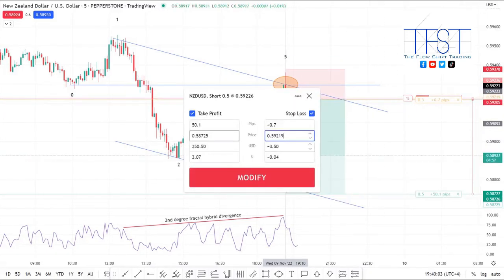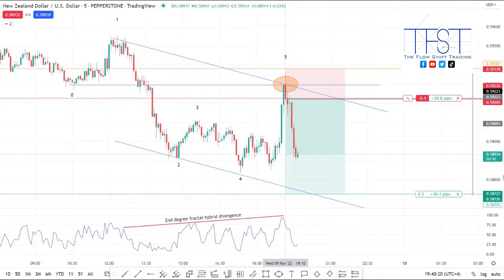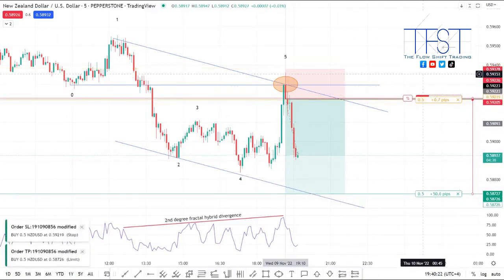Makikita mo naman, kahit matalo, meron tayong 350 US dollar na pakonsuelo. Okay? And kung manalo naman tayo, we have a 250 US dollar na profit. And we'll see how this trade plays out. Yan. Adjusted na yung risk natin.